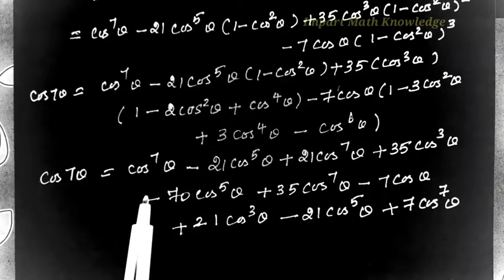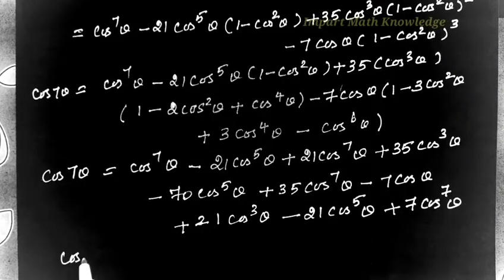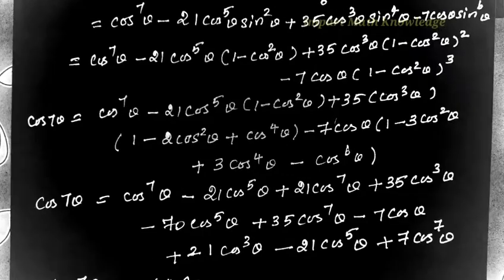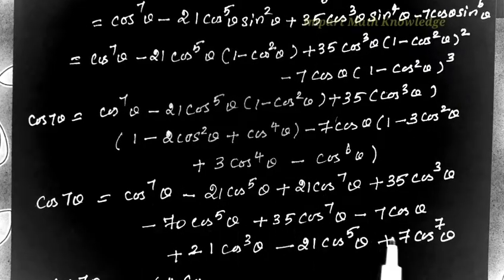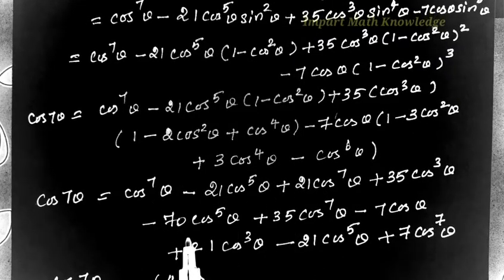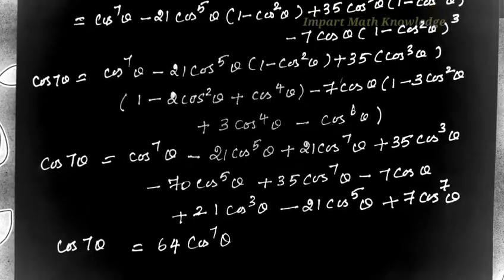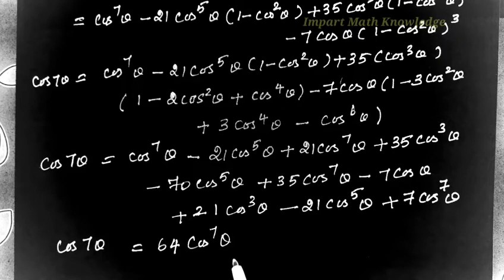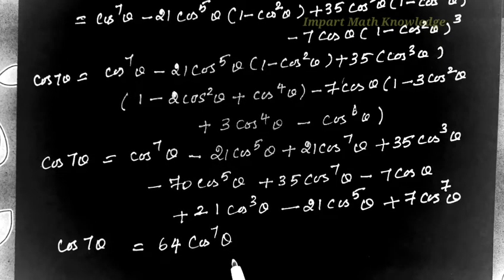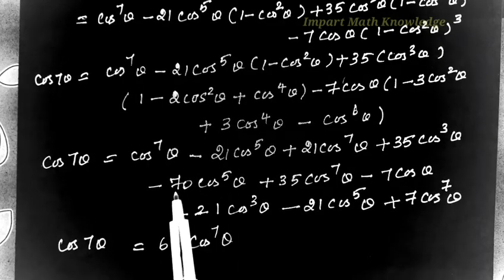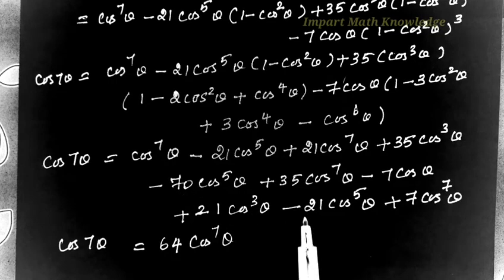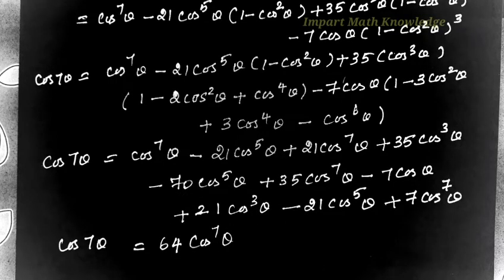The highest power is 7. Add all the 7th power terms, that is 1 plus 21 plus 35 plus 7 is 64 cos power 7 theta. Then add all the 5th power, minus 21 minus 70 minus 21 is minus 112.